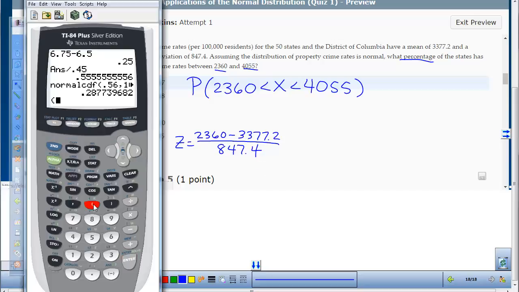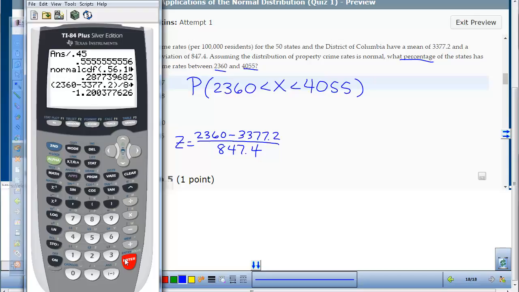Okay, divided by 847.4, and I get negative 1.20.